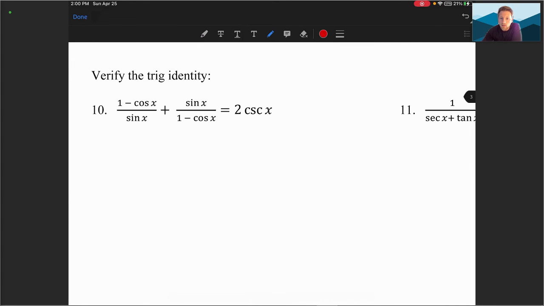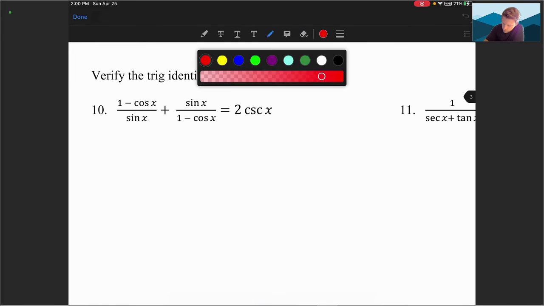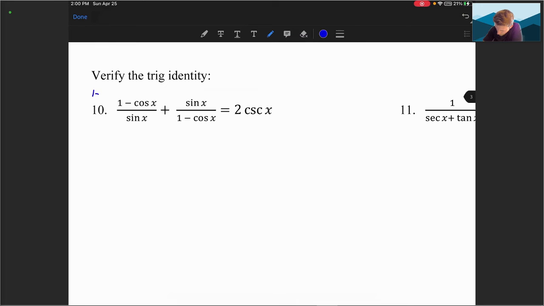So if we start by getting a common denominator to start, I want to be able to multiply the first fraction by 1 minus cosine x, and the second fraction by sine of x.